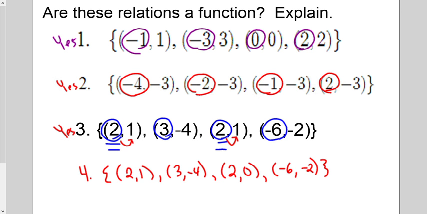And what you've probably noticed is that's the exact same relation as what I showed for number 3, but where our 2's repeated, I made one subtle change. I changed the second y value. So our 2's repeated. This got me a +1. This got me a 0. Since it's not a +1, like this one was over here, it's not a function.